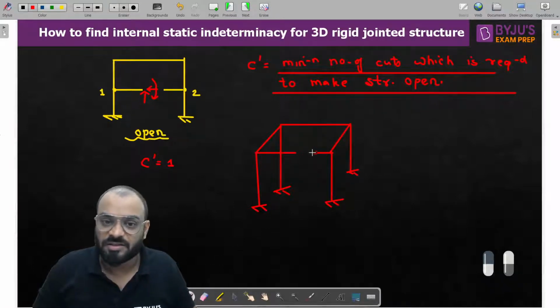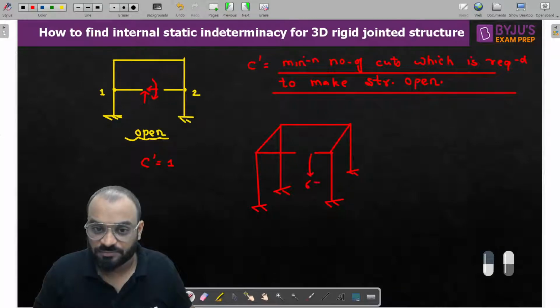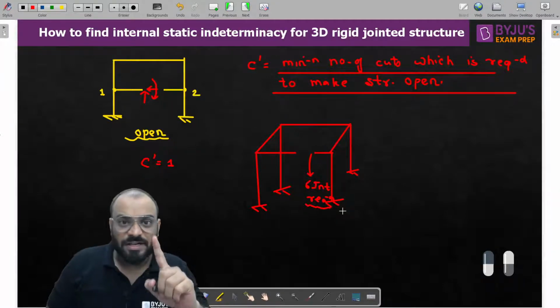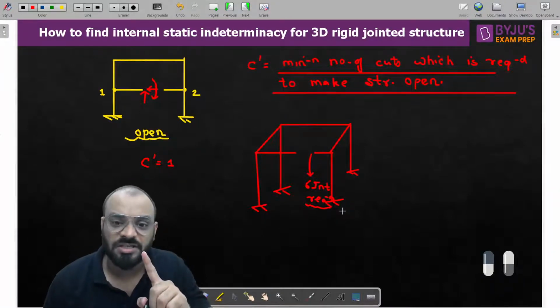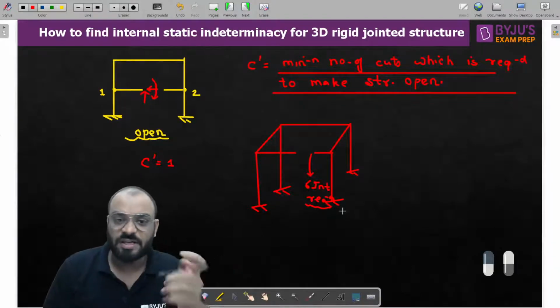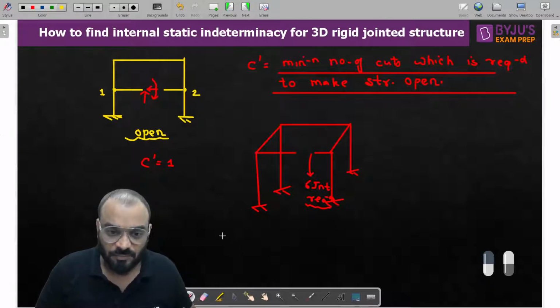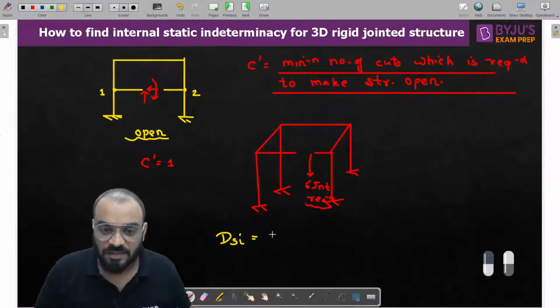Let us suppose if I break the structure at this location, you may get 6 internal reactions over here, right? So at a single cut, how many reactions are you trying to cut over here? Basically 6. So can I say that, guys, the value of DSI is basically 6C dash.